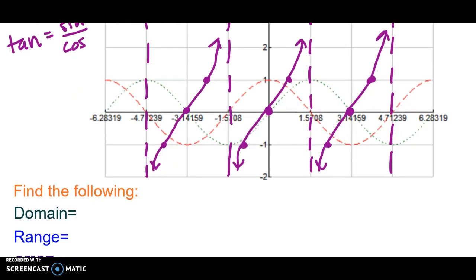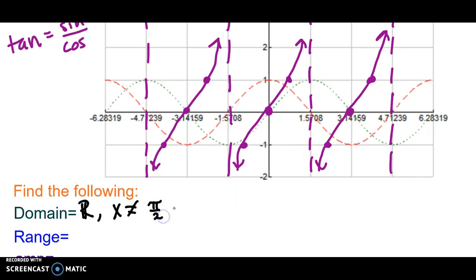So if just by looking at this graph, if we were to find the following, first of all, our domain. Well, I'm thinking left to right on this graph. It's everything except every place where we have an asymptote. So how can we write that? Well, let's write one of the asymptotes, so pi over 2 works.